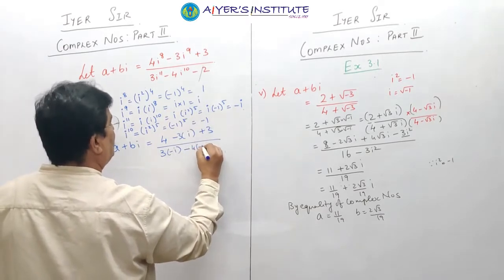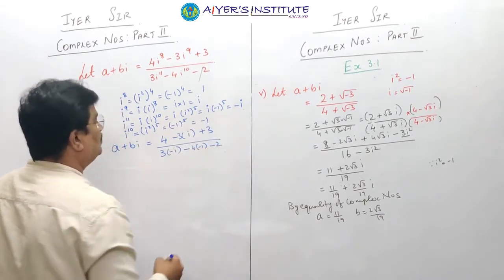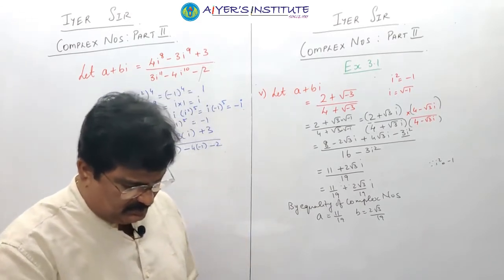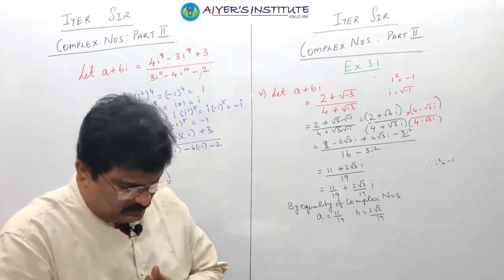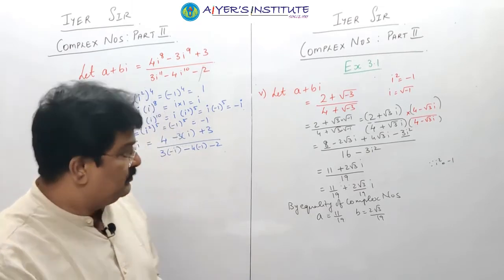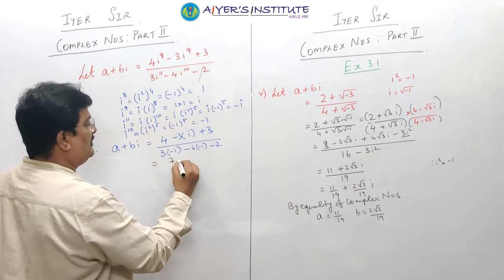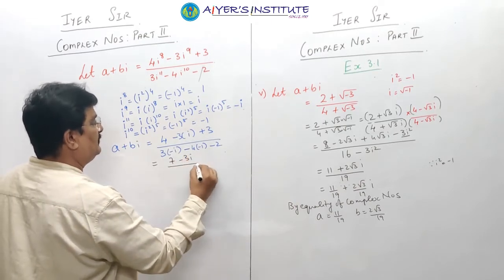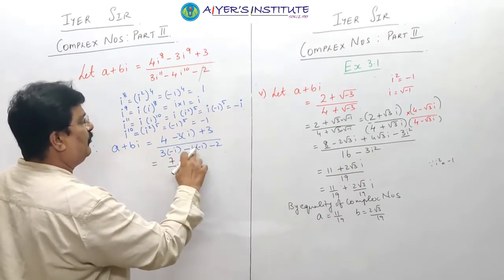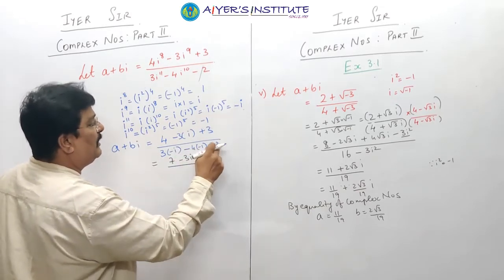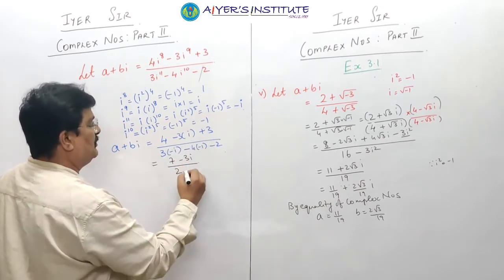Minus 4 into minus 1, minus 2. So we get 4 plus 3, 7 minus 3i, with the denominator 4 minus 2, because minus and minus will become plus. 4 minus 2 is 2 minus 3i.